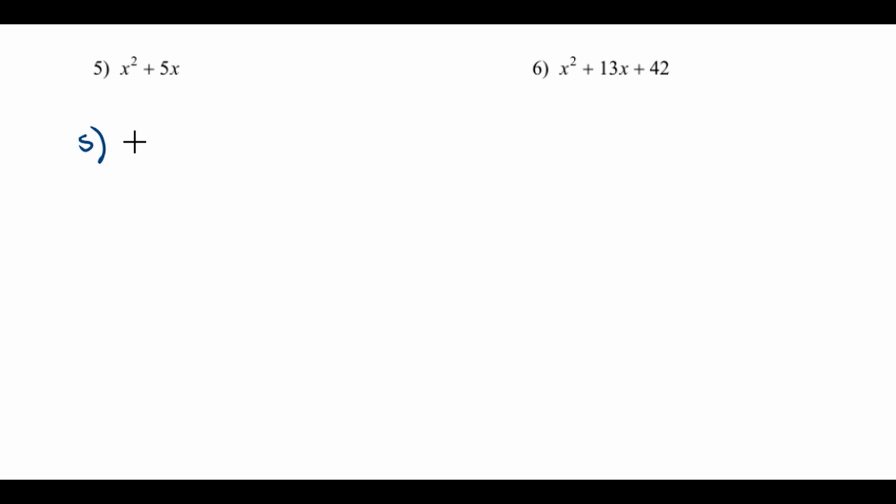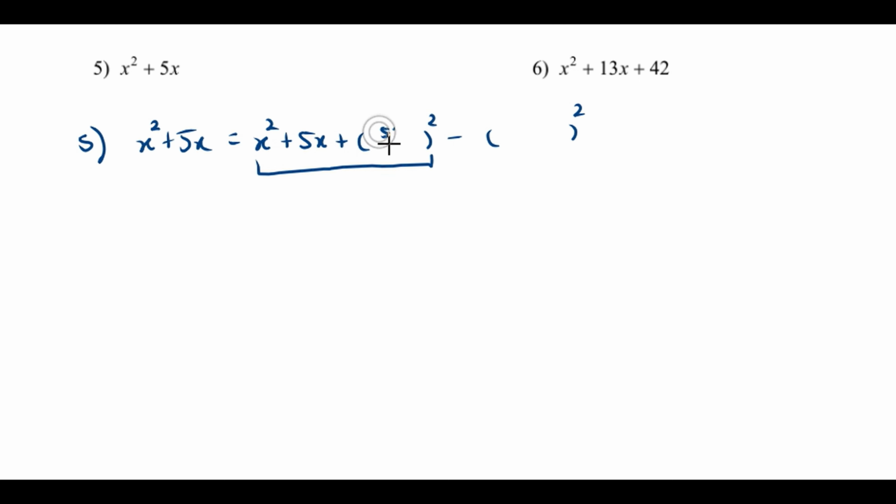And number 5, x squared plus 5x. The coefficient of x squared is 1, so we proceed. Write down the first two terms. There's only two terms. Add a bracket squared, and then subtract that same bracket squared. Half the coefficient of x: the coefficient of x is 5, half of 5 is 5 over 2.